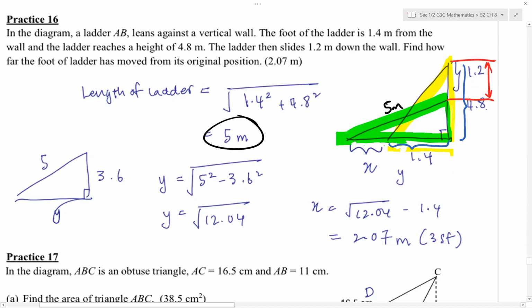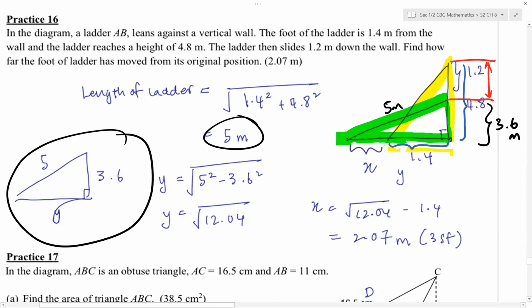And now the perpendicular height is 4.8 minus 1.2. 4.8 minus 1.2 is 3.6 meters. Okay, so it is drawn over here. Then the base horizontal distance will be square root of 5 squared minus 3.6 squared. That's our Pythagoras theorem.